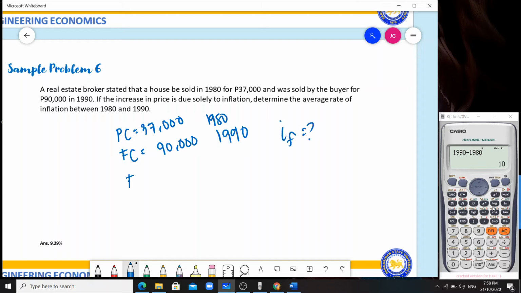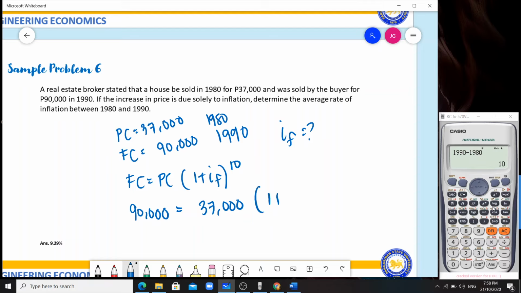So, ganun pa din, FC equals to PC times 1 plus IF raised to 10. So, ang FC natin is 90,000. Ang PC natin is 37,000 times 1 plus IF raised to 10.